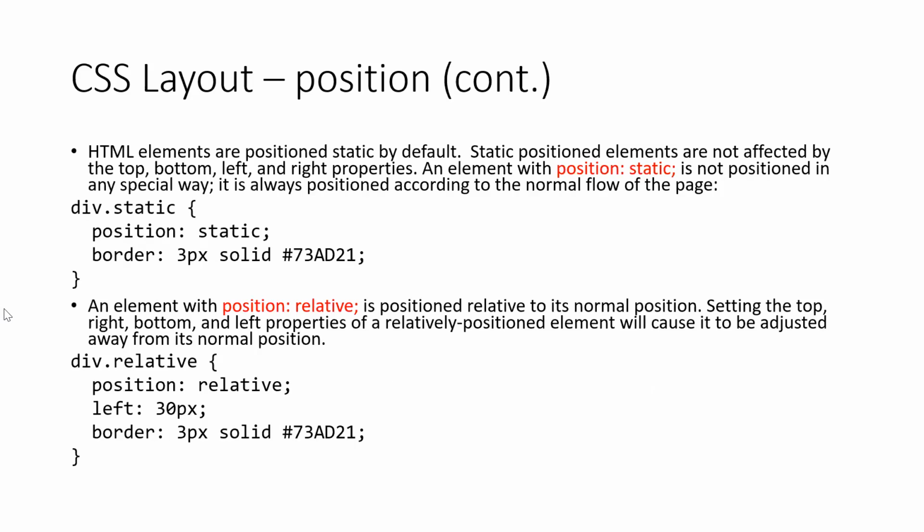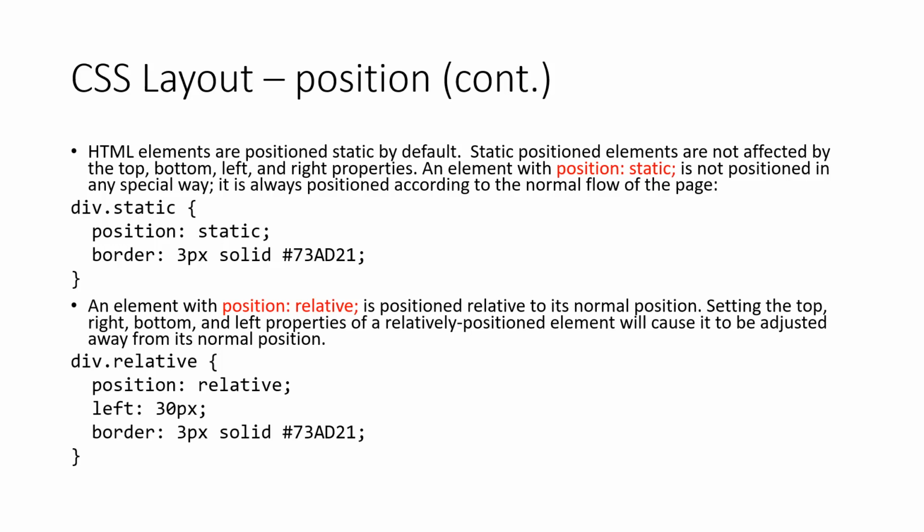Now, for example, when we use HTML elements, the default is what we call static. When we say static positioning, irrespective of whether you are using top, bottom, left or right, it positions the element in the normal positioning flow.